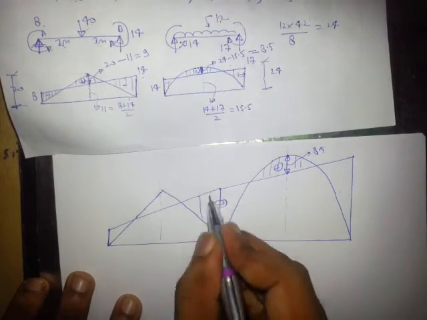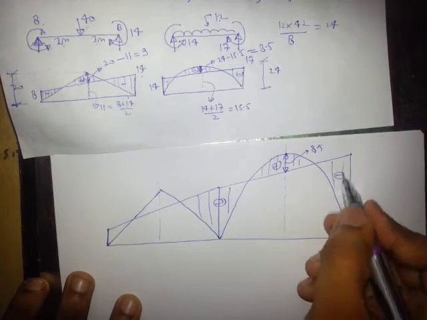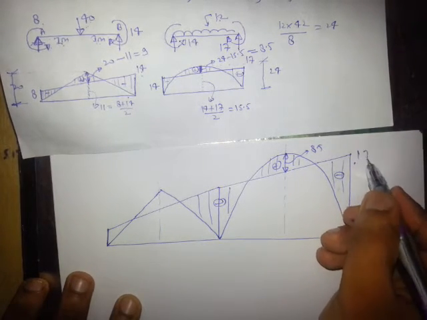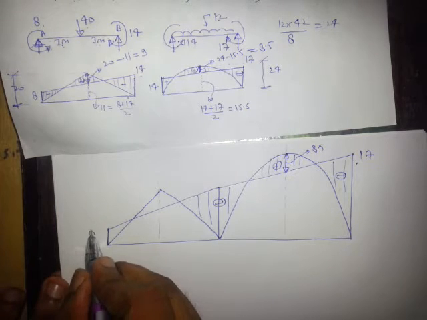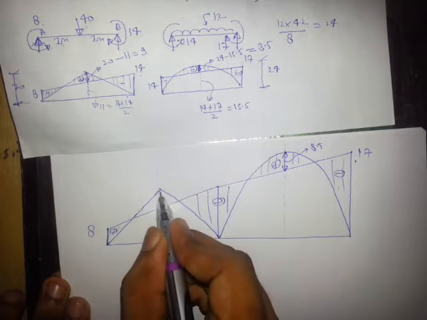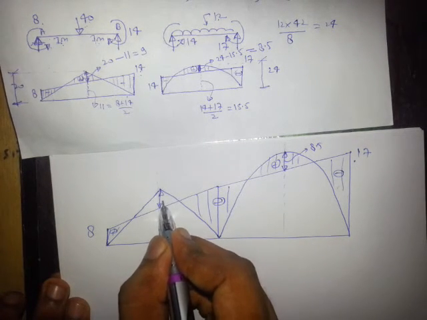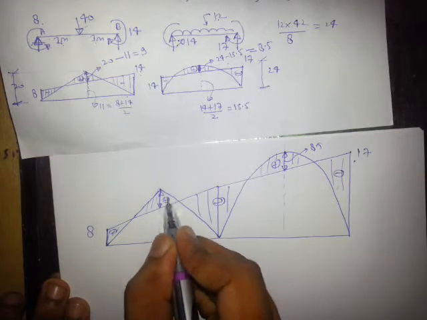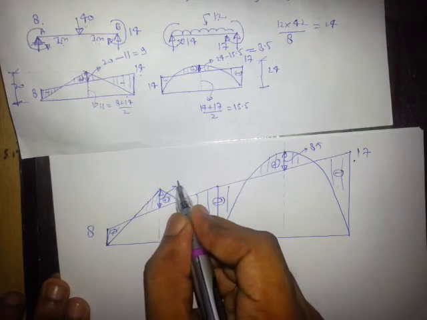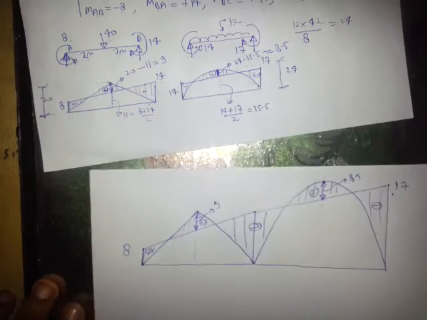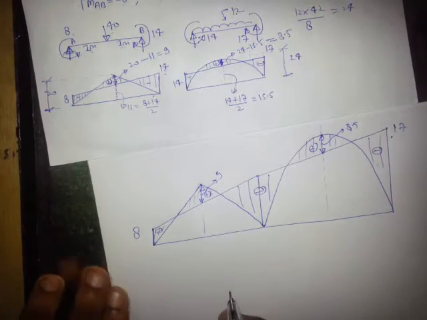This is minus, and this is 17, this is 8, and this height is plus, and it is 9. This is BMD.